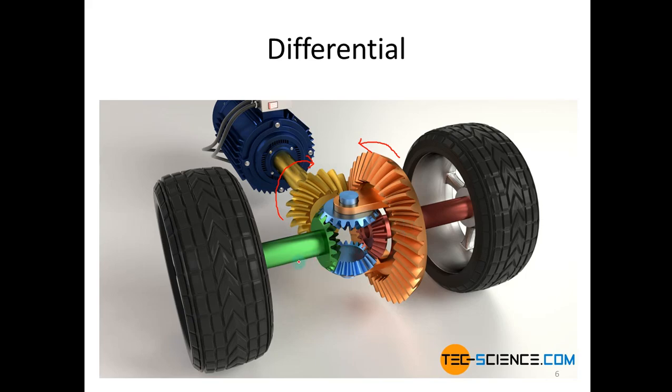Then with the help of these other gears, these two wheels will start to move. Here there is a change in the angle of rotation. There is a 90-degree change.